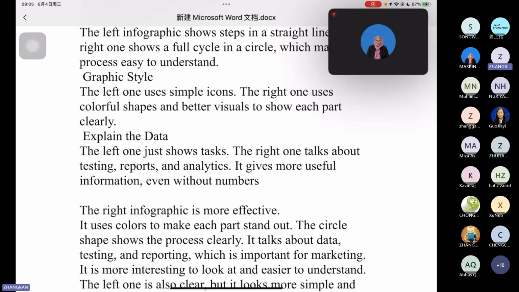On the left, the picture uses some simple accounts, and the right picture uses colorful shapes, and it makes every part very clear.